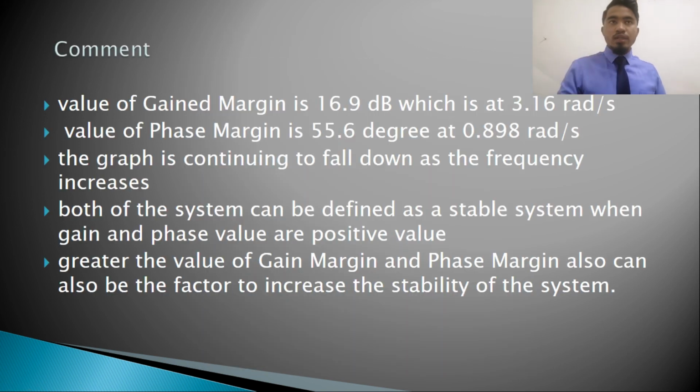The comment from the graph is that the value of the gain margin is 16.9 dB at 3.16 radians per second. Then the value of the phase margin is 55.6 degrees at 0.898 radians per second. As you can see, the graph continues to fall as the frequency increases.